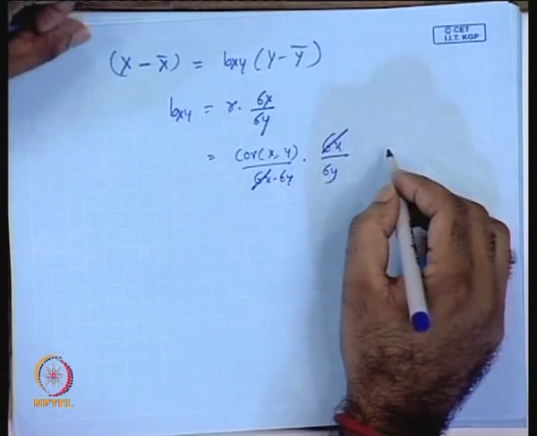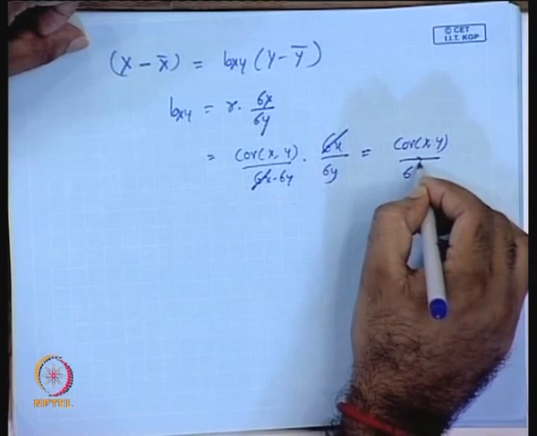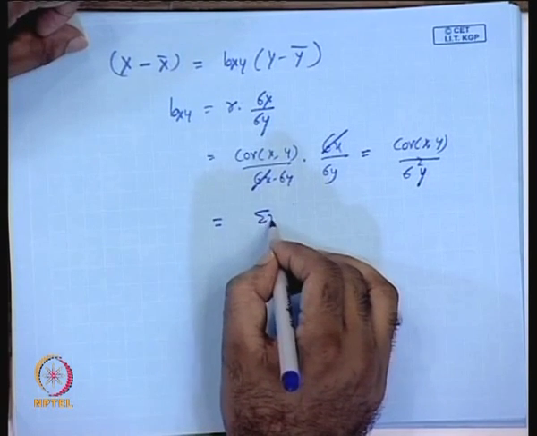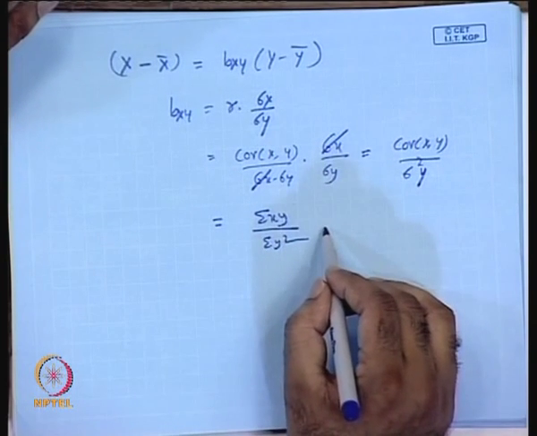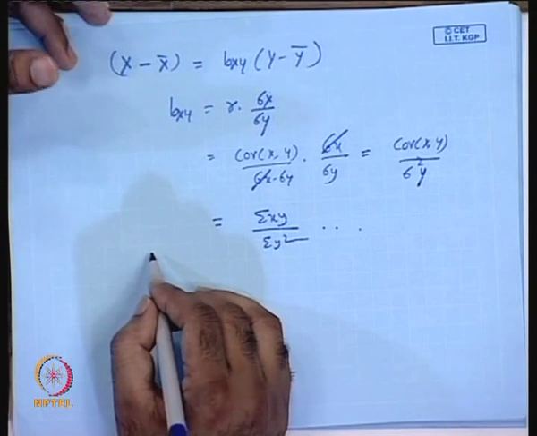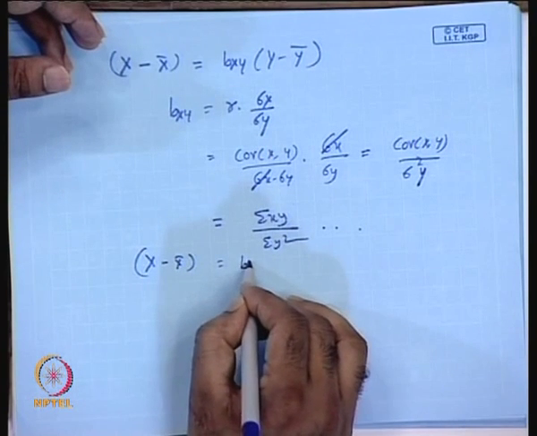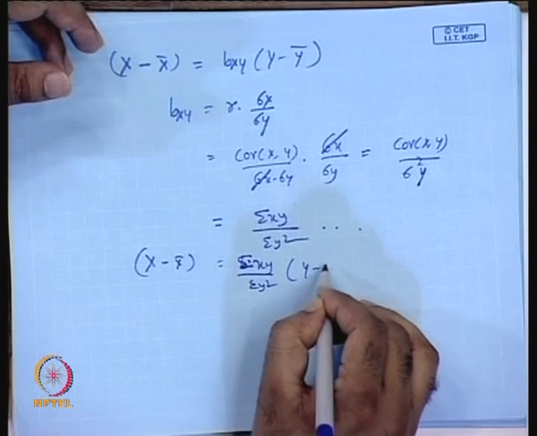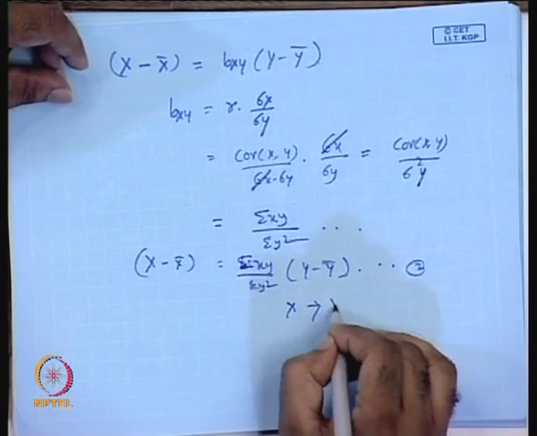So, sigma x cancels, and ultimately it is covariance of xy divided by sigma square y. If we further simplify, it is summation xy by summation y square. So, this is the final coefficient for bxy. Ultimately, the regression equation will be x minus x bar is equal to summation xy by summation y square into y minus y bar. This is the second equation, x on y.